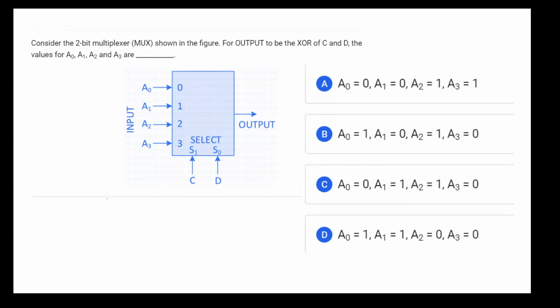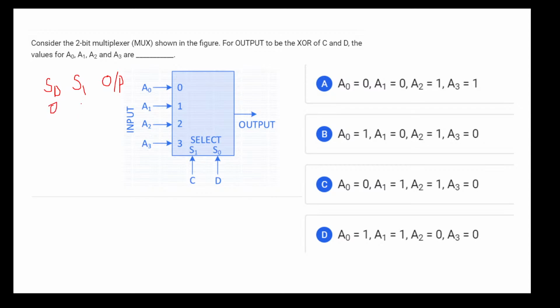Now you can see this is our multiplexer, and first I will draw the truth table for my multiplexer. We have our two select lines, S0 and S1, and for each S0 and S1 combination we will have an output in terms of I0, I1, I2, I3.